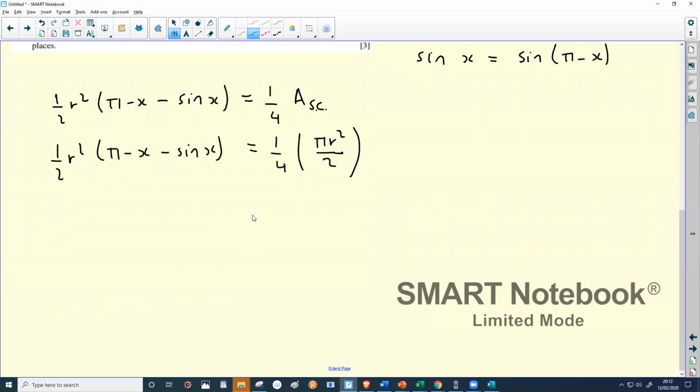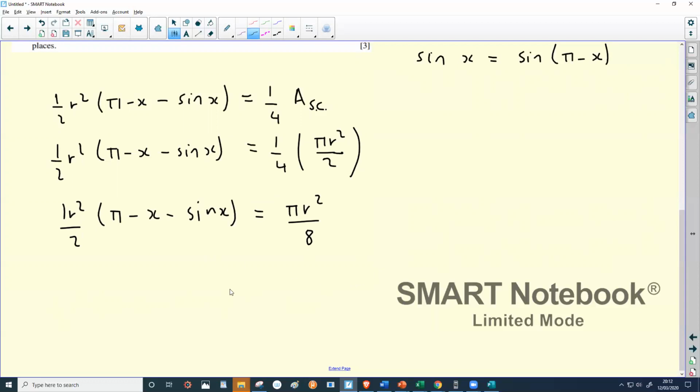So now I'm going to get pi r squared over 8 on the right hand side, and I'm going to get half r squared over 2 times (pi minus x minus sine x).